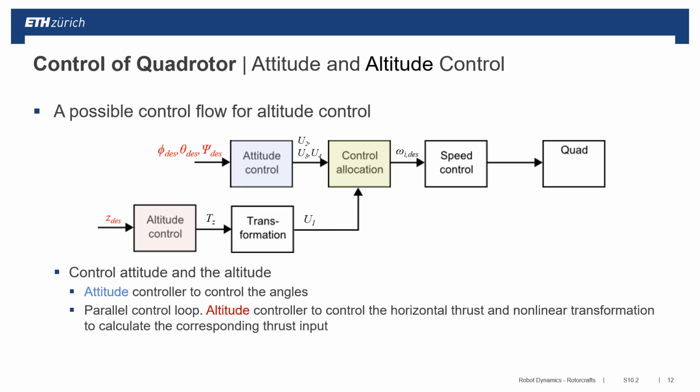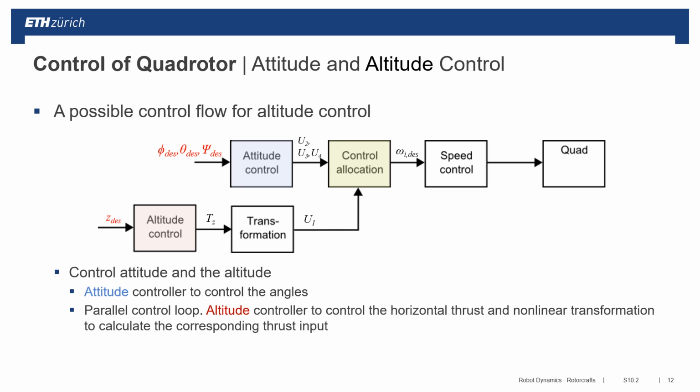With the decoupled control of the quadrotor system just developed before, we can now depict in a graphical way the whole control system as we can see here on the slide. On the first line you have the roll, pitch and yaw angles, which are the desired angles, which are then in the attitude controller compared with the actual angles and generate the virtual control inputs U2, U3 and U4.